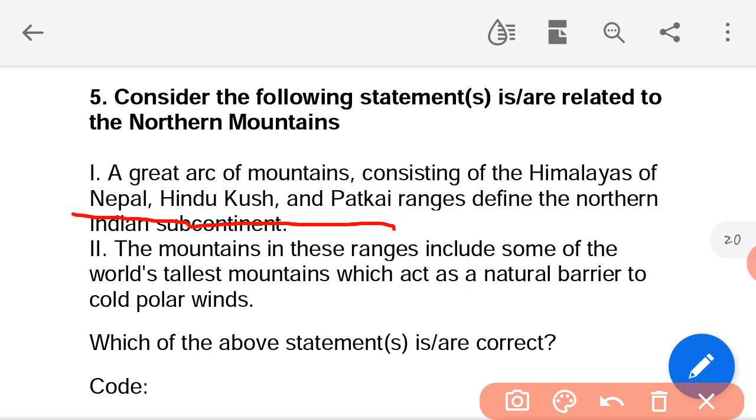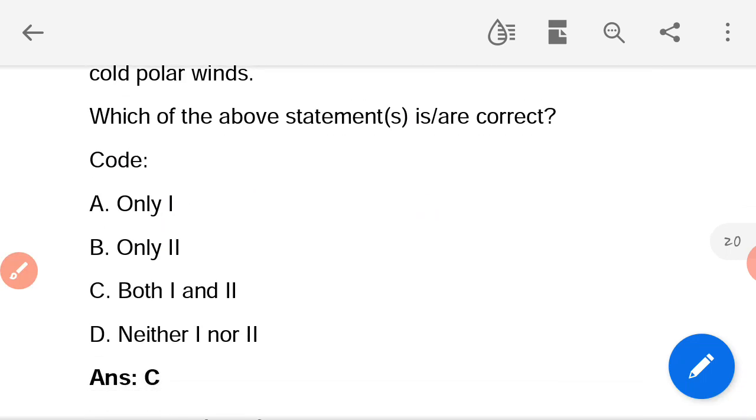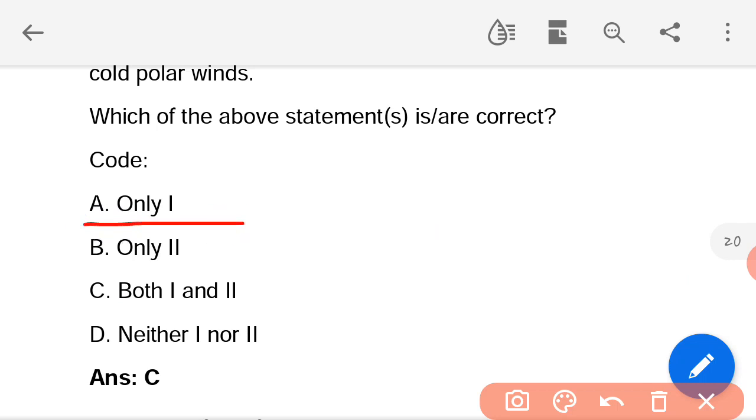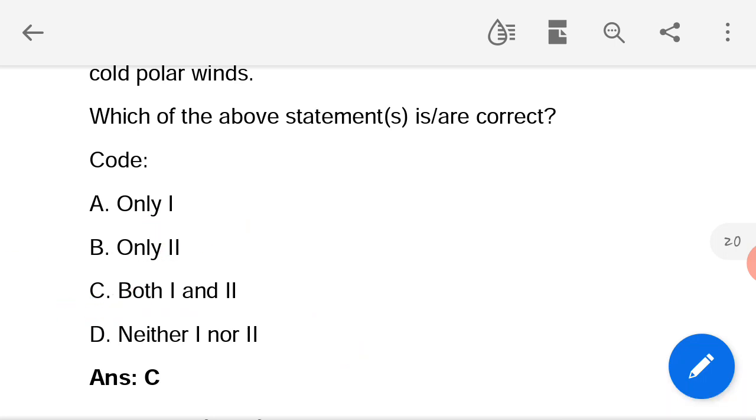The mountains in this region include some of the world's tallest mountains, which act as a natural barrier to the cold polar winds. Which of the following statements is or are correct? Code. Option A, only I. Option B, only II. Option C, both I and II. Option D, neither I nor II. Right answer is option C, both I and II. Next question.